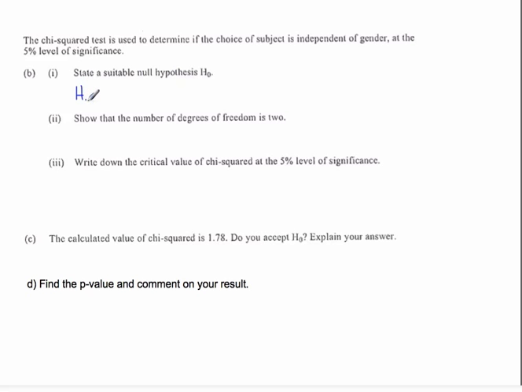So your null hypothesis is choice of subject is independent of gender. Okay, if they ask you for an alternative hypothesis, then that would be choice of subject is not independent of gender. Okay.